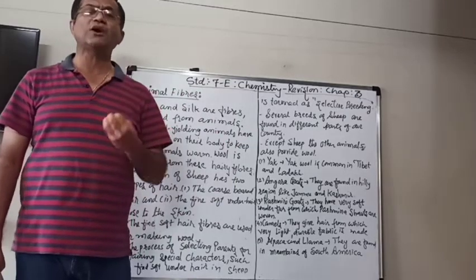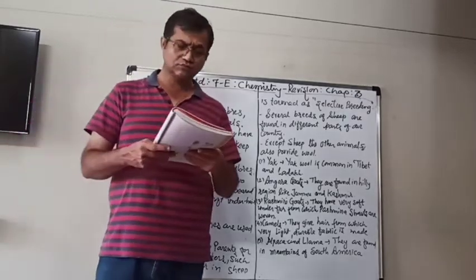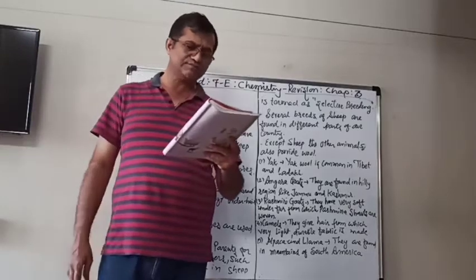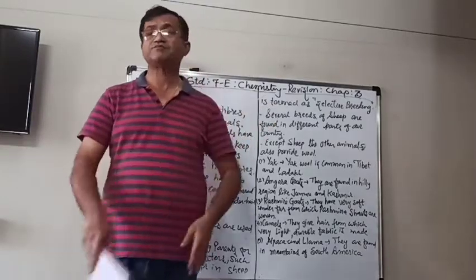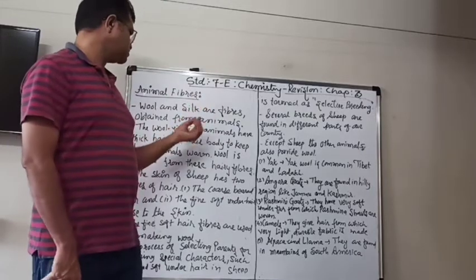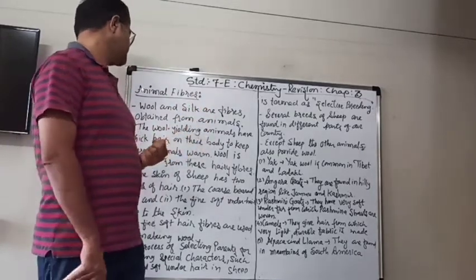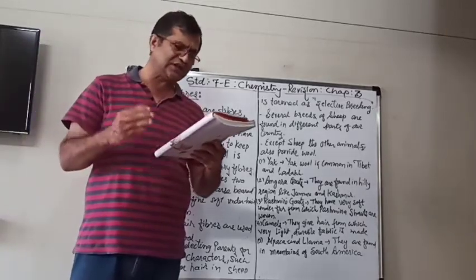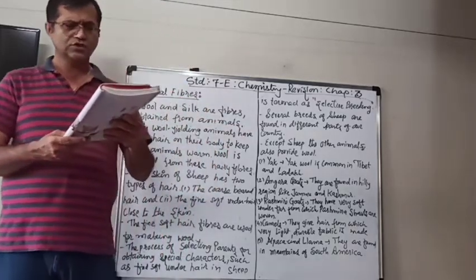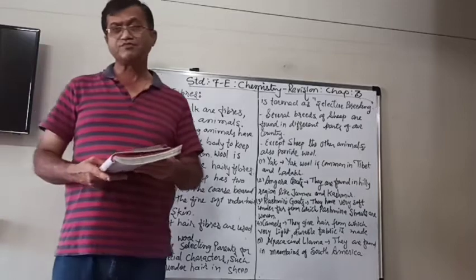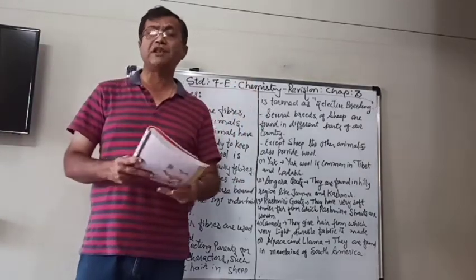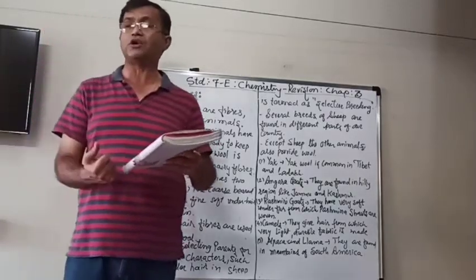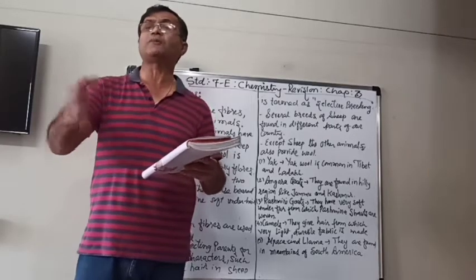Generally, wool is obtained from the sheep or some special types of goat, yak, and other animals. Now these animals, the wool yielding animals, have thick hair on their body. Why? Because this hair can trap a lot of air, and as I told you, air is a poor conductor of heat.